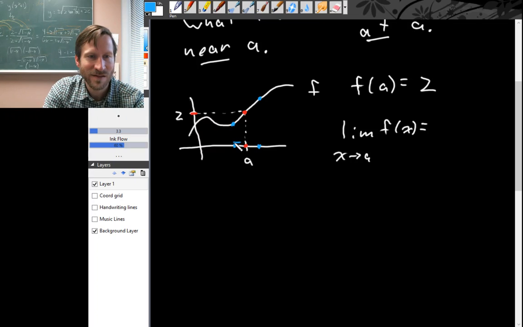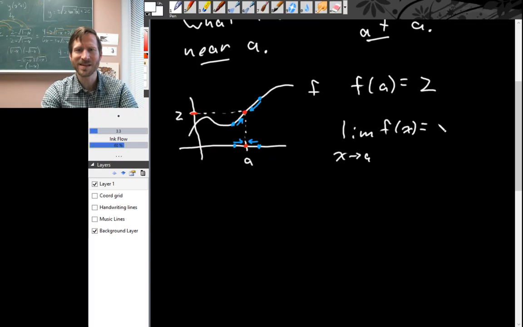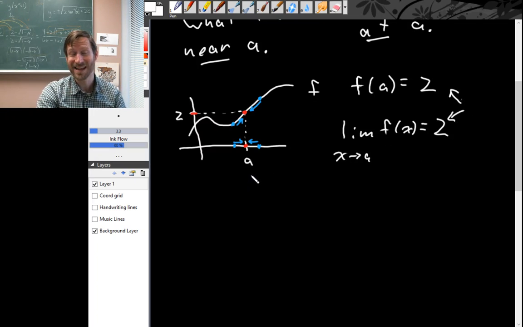And then as the blue x values move closer and closer to a, it looks like these blue points just move closer and closer to the red point. And that means that this limit as x goes to a is 2. And since these are the same, this function, at least at the x value a, passes our test. It satisfies that equation. The limit is equal to the value of the function.